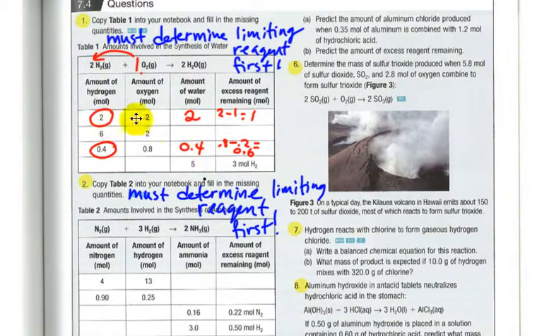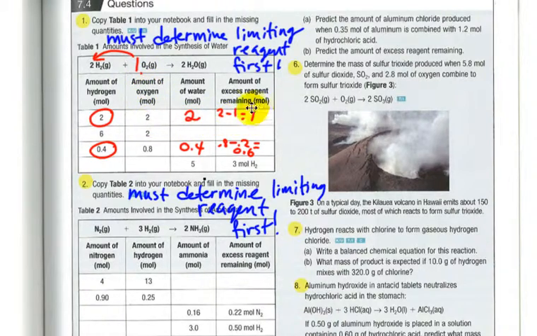So if I run through a couple of examples here, water is formed from hydrogen and oxygen here in a 2-to-1 ratio. Therefore, if I have 2 moles of hydrogen going from 2 to 1, 2 on the bottom, 1 on top, that gives me 1 mole of oxygen required. I have 2, so this is my excess.